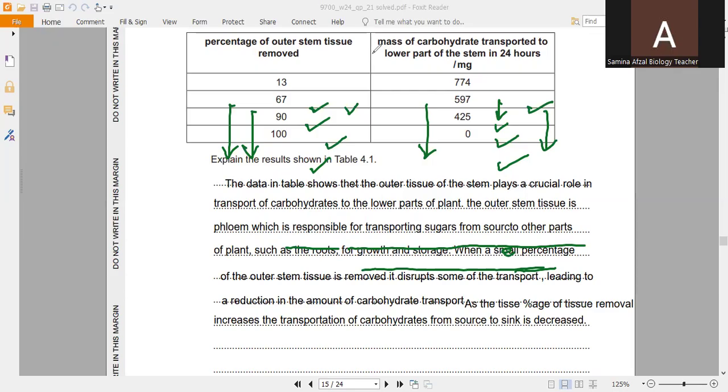So in this way, we can say that carbohydrates are needed by all parts of the plant, because in this way they get energy. They need that energy for different activities. So the phloem plays a very important role in transportation. So without phloem, transportation is not possible.